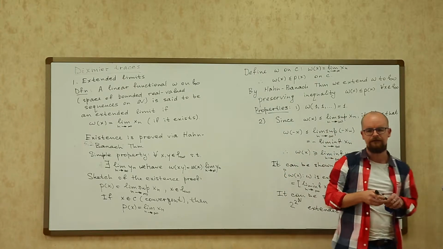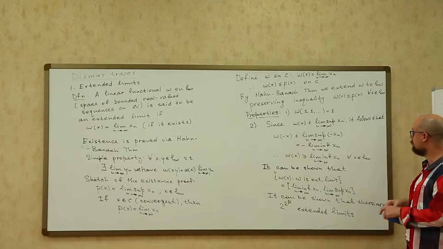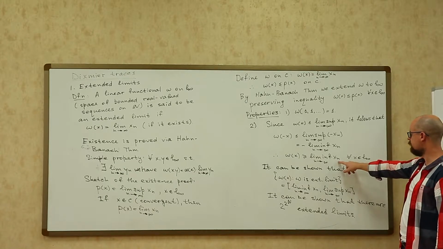So the cardinality of the set of extended limits is 2 to the power of 2 to the power of n.